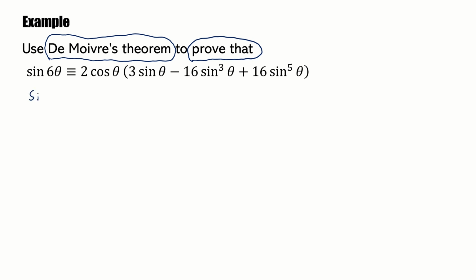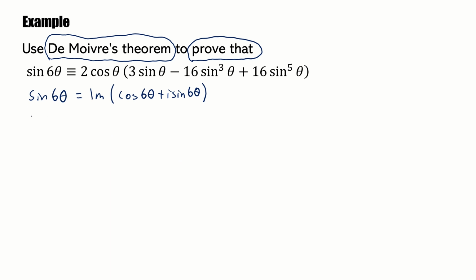You need to realize that sine of 6 theta can be rewritten as the imaginary component of cos of 6 theta plus i sine of 6 theta. Cool. And what that's allowed us to do is it now means we've got a bigger expression to work with, which means we have more things to manipulate and rewrite, and so therefore it'll make it easier for us to be able to get the other stuff we're trying to prove on the right hand side.